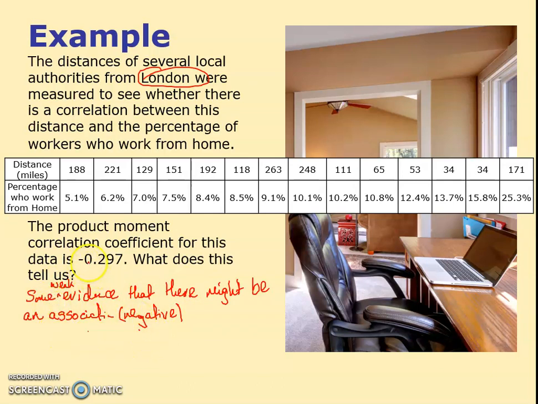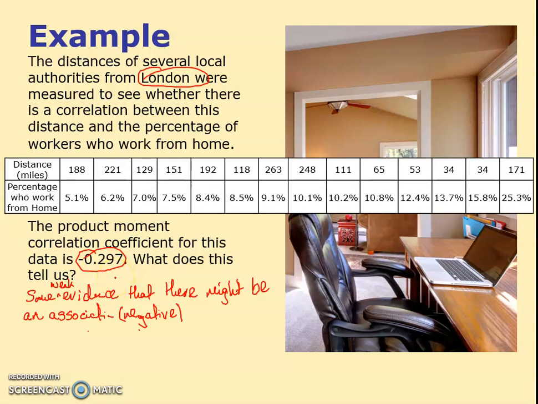That's the other thing I would say. It's minus 0.297. It's not strong evidence, is it? Now, you'd probably just say it's weak negative correlation. That's what we would have described it as at the start. And you get this all from this number being closer to 0 than it is to 1, or minus 1 in this case. So, look, that's probably as much as I do here. That will be good enough.